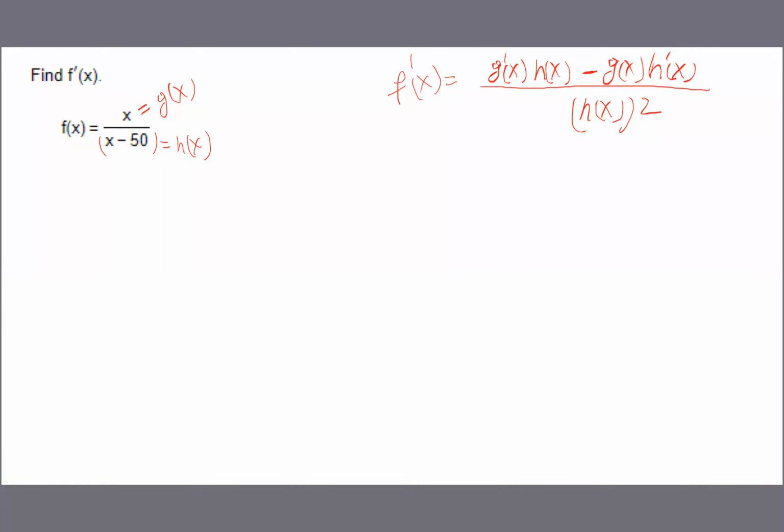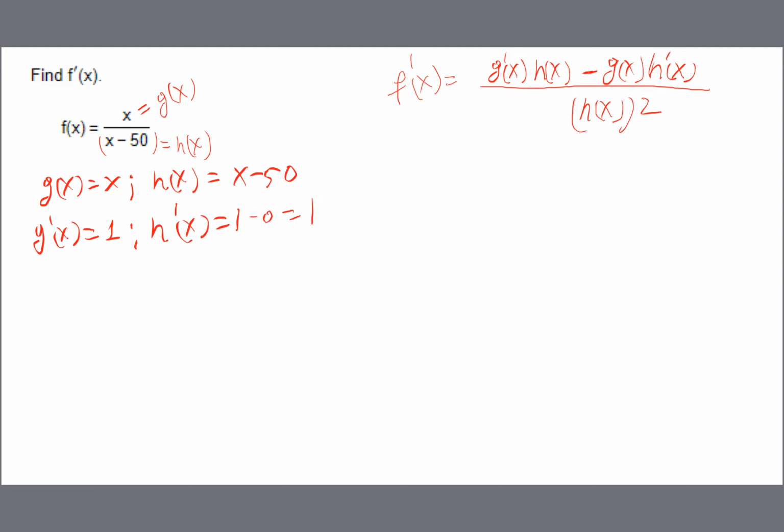Okay, so g of x is x, and h of x is x minus 50. G prime of x is 1. H prime of x is 1 as well, because 1 minus 0 is 1.